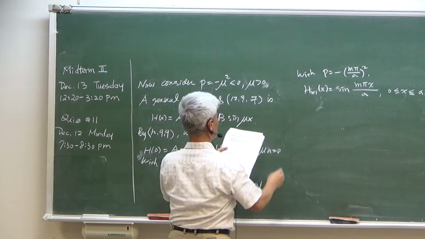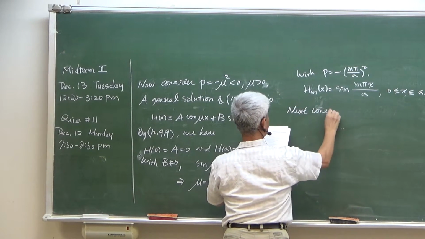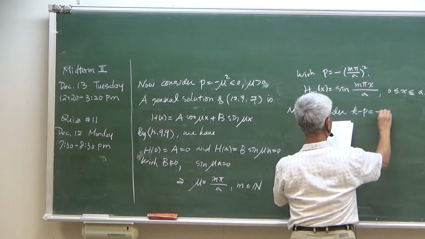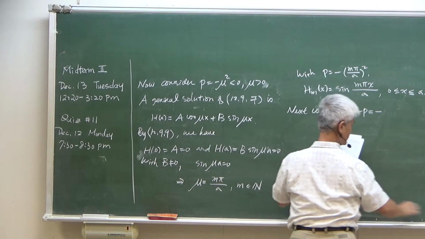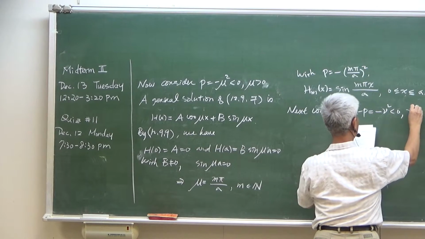Now, next, consider k minus p, which is equal to minus nu square.